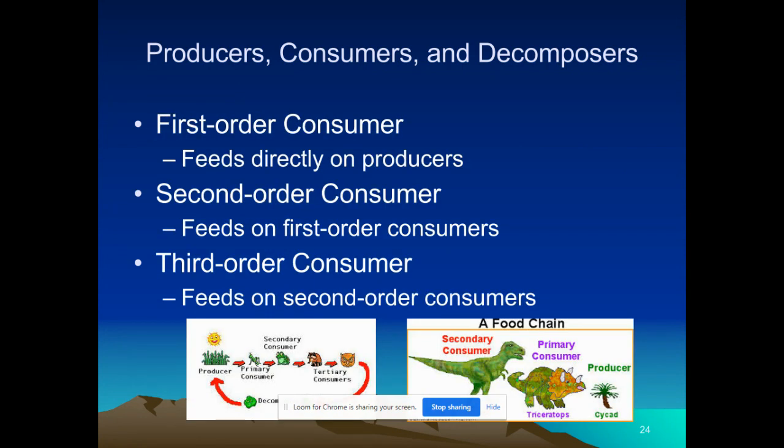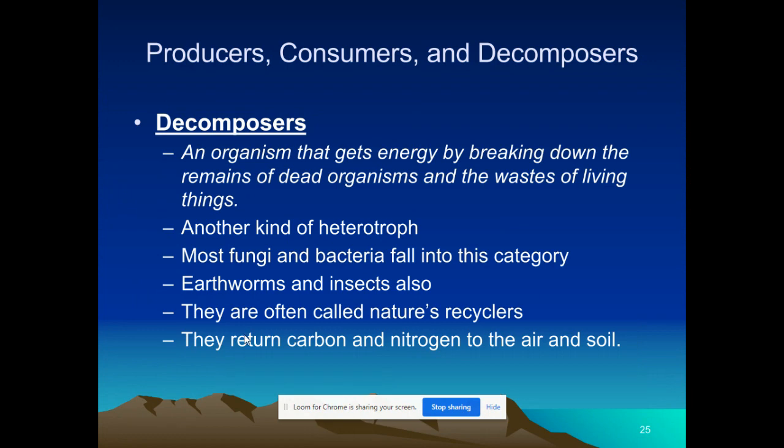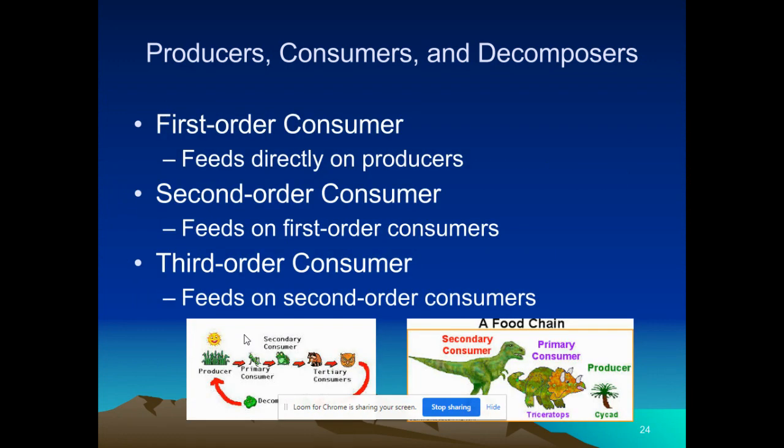Now we have first order consumers. Those are the ones that feed directly on producers. Those would be our herbivores: cows, deer, rabbits. Second order consumers feed on the first order, and then the third order feeds on the second order. You can see a food chain down here. You have the producer, the grass, and then the primary consumer is the grasshopper, because the grasshopper's eating the grass.